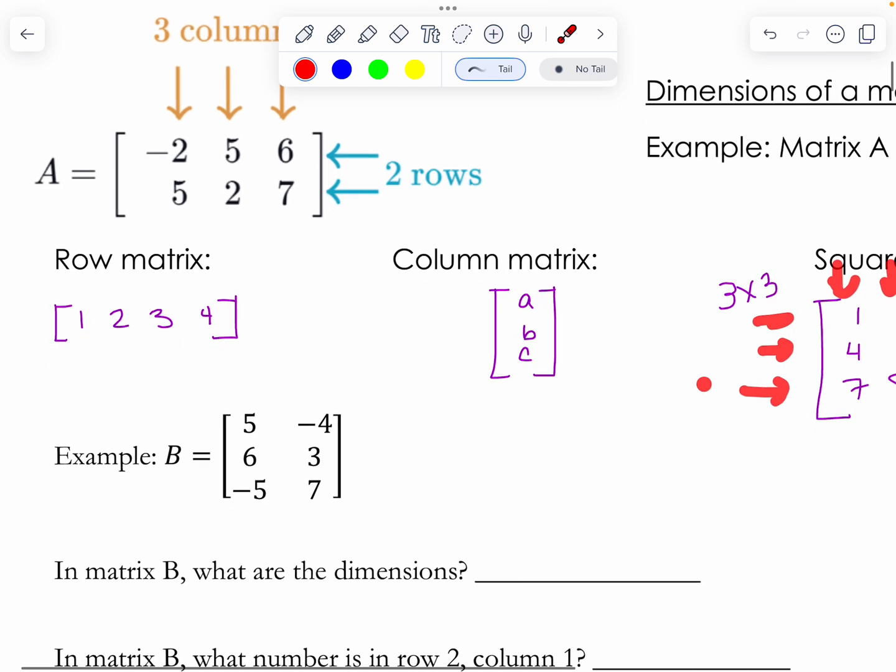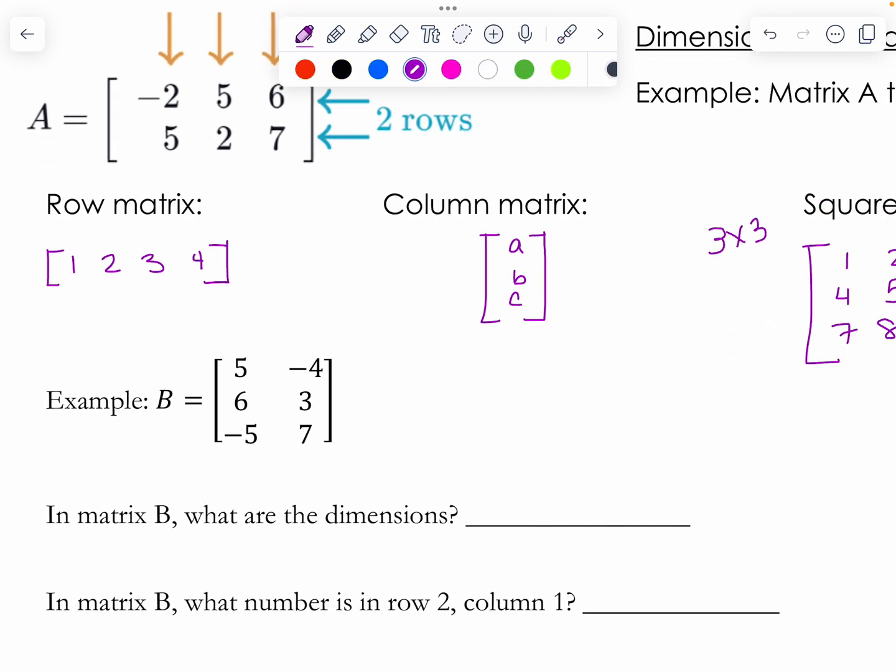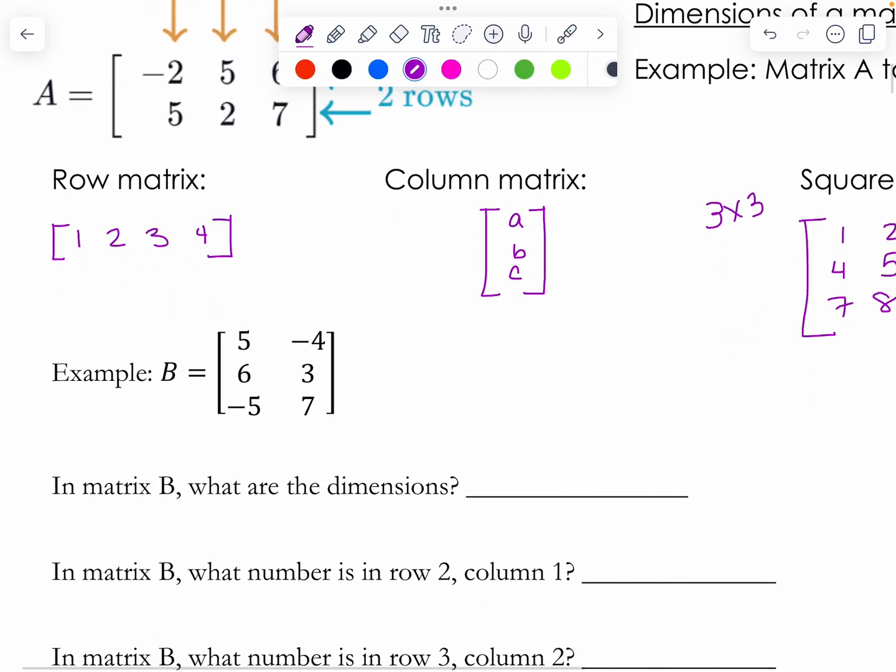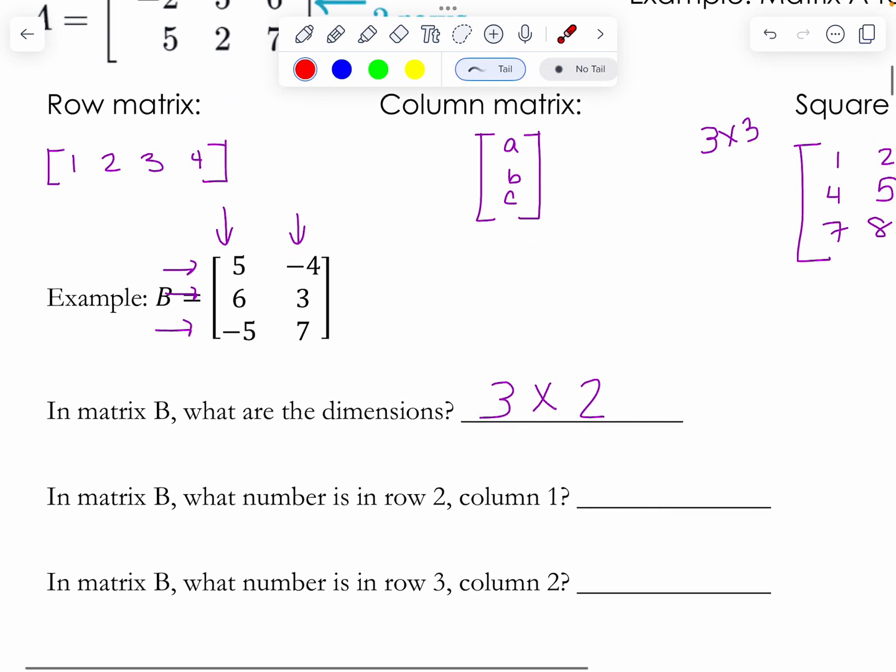Now, if I look at example B, I want to know the dimensions. I look at my rows: I have 3 rows, and then I look at my columns: I have 2 columns. So this is a 3 by 2. Then it also asks what number is in row 2, column 1.